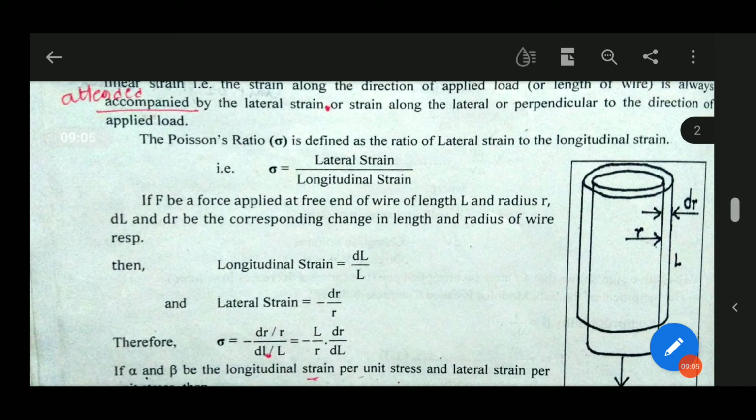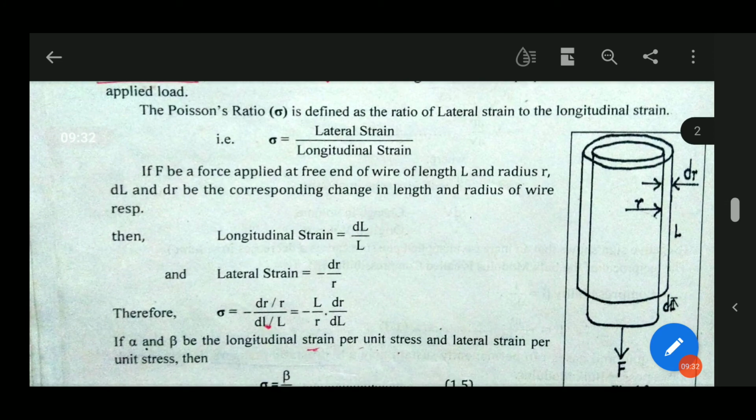If we consider a wire and stretch it by applying a force F at a free end of a wire of length L and radius R, then a change in length occurs and the radius reduces. So dl and dr are the corresponding changes in length and radius of the wire respectively.